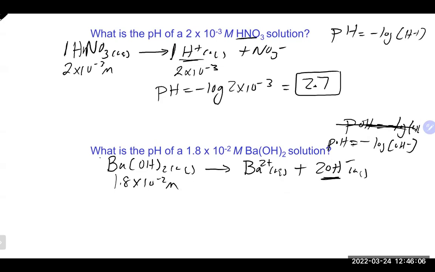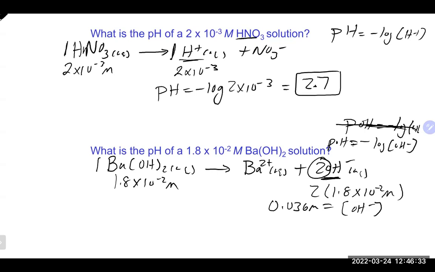In this case, it's actually a 1-to-2 relationship. So we do need to multiply the concentration here by 2 to get the correct hydroxide concentration. And if you do that, that would be 2 times 1.8 times 10 to the minus 2, which is 0.036 molar.